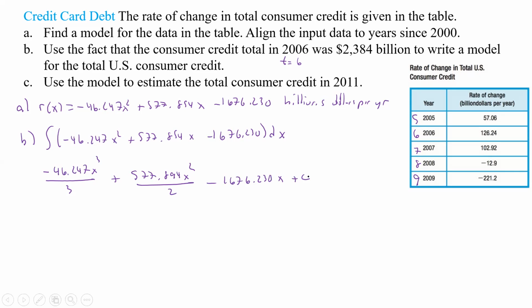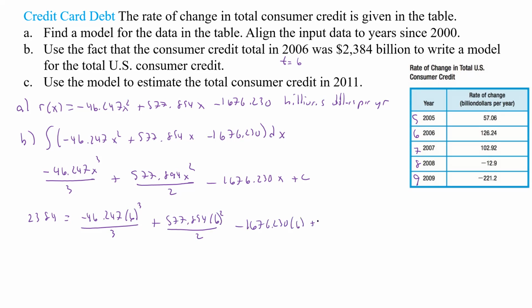Okay, now we know at 6 it's 2384, so 2384 equals negative 46.247 times 6 to the third over 3, and then plus 577.894 times 6 squared over 2 minus 1676.230 times 6 plus c.